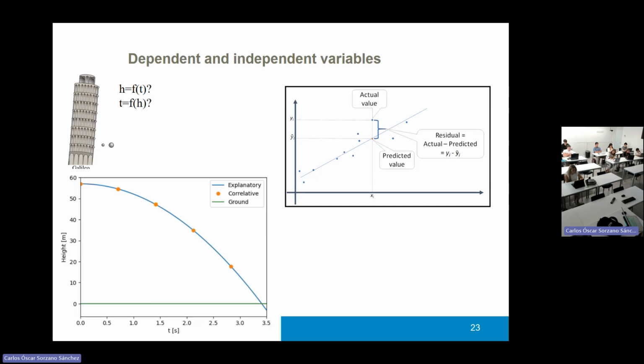So we have a table, with time and height H. At 0 it was at 55 meters, and then at time, I don't know, 0.5, it is at 40, and at 1 it is at 30, and then we have all this data.